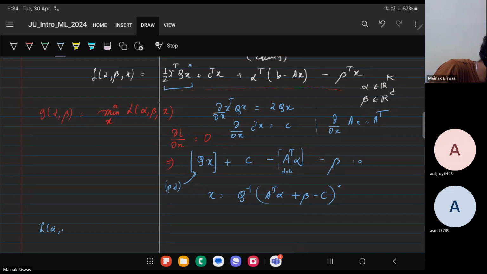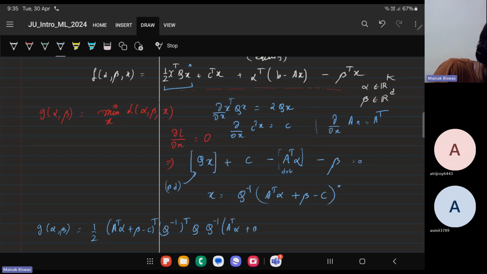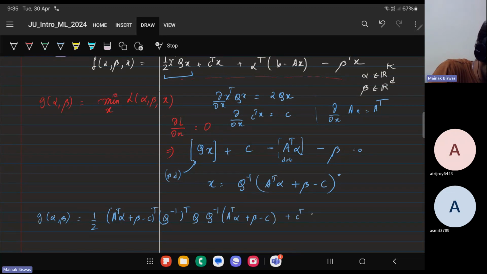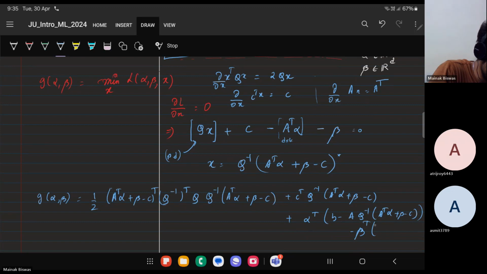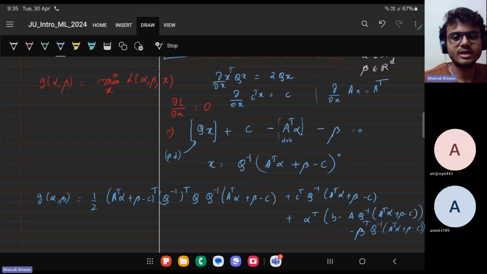You can simplify it. G of alpha beta is equal to half, A transpose alpha plus beta minus C, transpose Q inverse transpose Q inverse, A transpose alpha plus beta minus C, plus C transpose Q inverse minus C plus alpha transpose B minus A Q inverse A transpose alpha plus B minus C, minus beta transpose Q inverse A transpose alpha plus beta minus C. You can simplify this and you'll get a very simple equation.